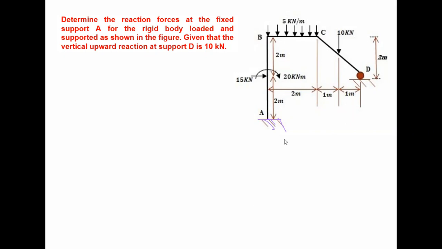Now what we can do, if we want to determine reaction forces as well as internal forces acting along each link, then first we have to draw the... okay, internal forces are not required to determine this problem. We just have to find the support reactions. Support reaction as well as here this A point is fixed, so we will get the moment also, right? So these things we have to determine.